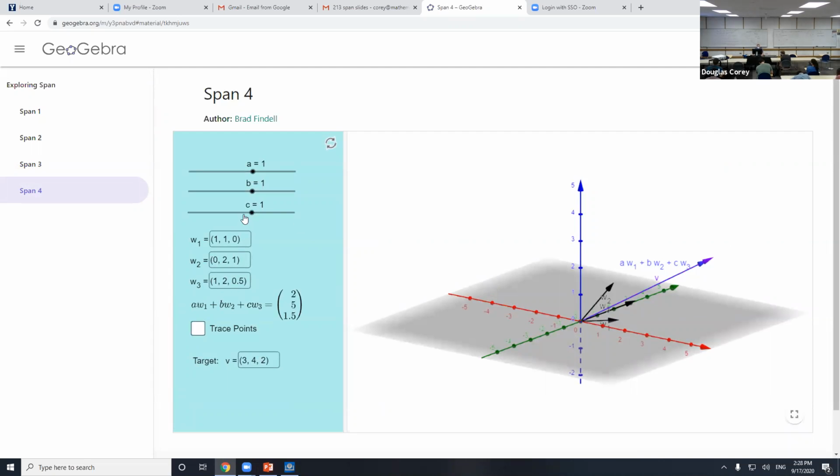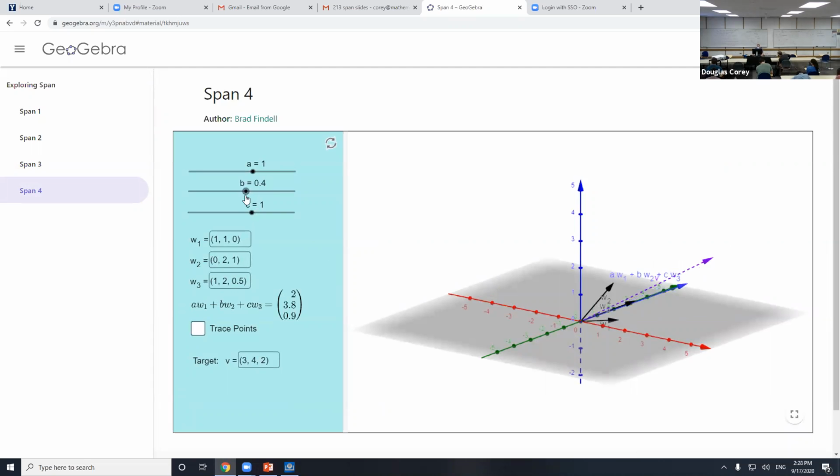Here I have three vectors, and here I have a combination of those, A, B, and C. I'm trying to get to V, so I could ask the question, can I get to V or can I get to everywhere?